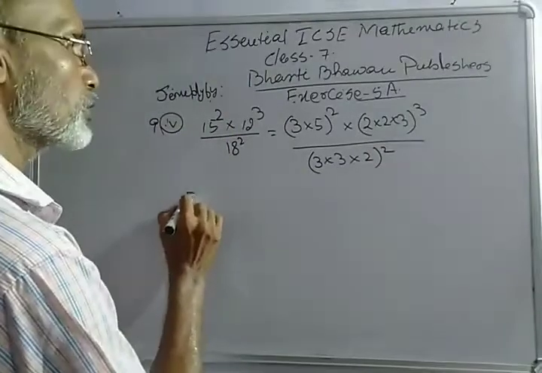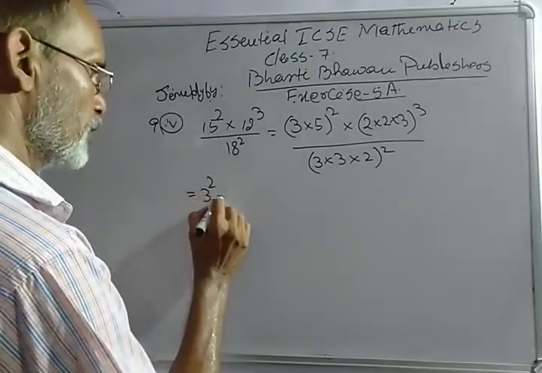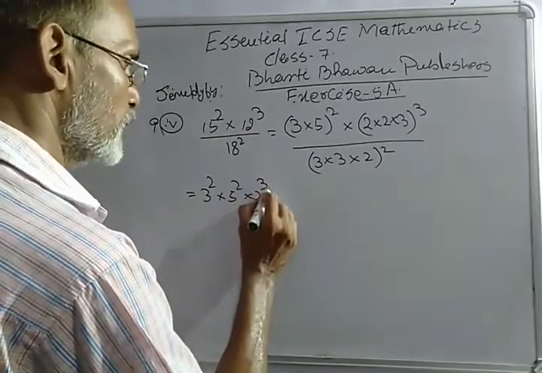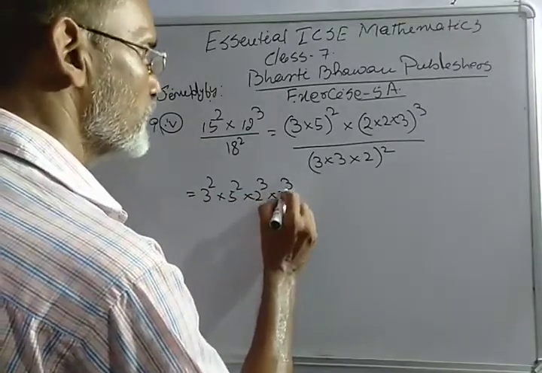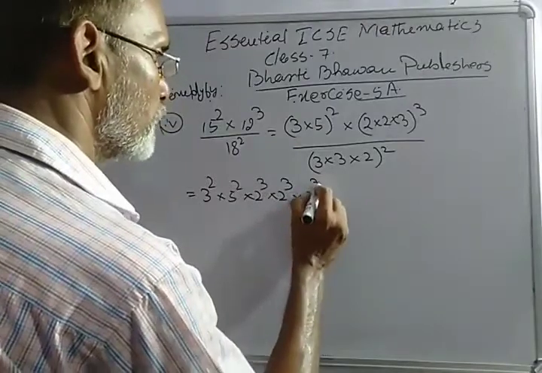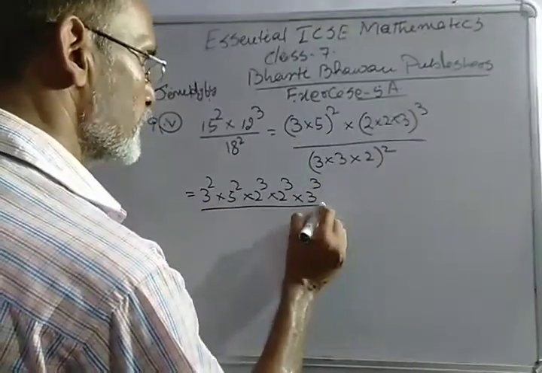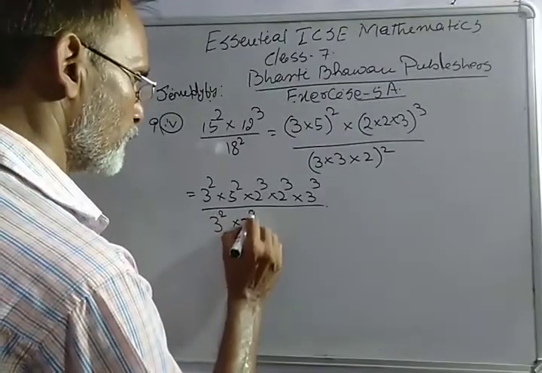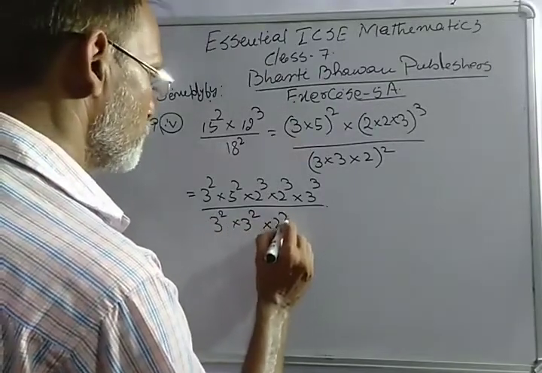So this is equal to 3 to the power 2 into 5 to the power 2 into 2 to the power 3 into 2 to the power 3 into 3 to the power 3 by 3 to the power 2 into 3 to the power 2 into 2 to the power 2.